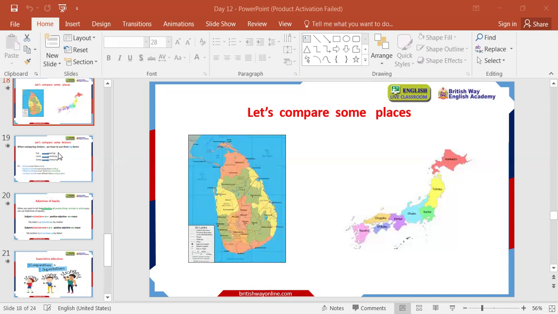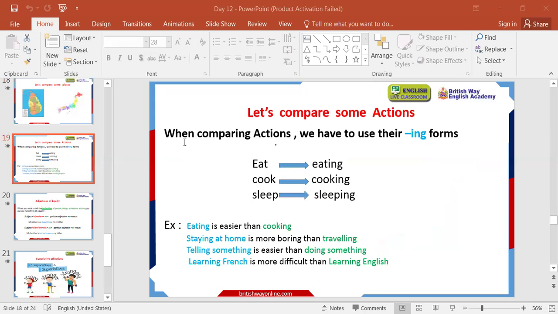Okay, now we'll see how to compare actions, right? Can you remember the gerunds you learned? So how do you make gerunds?